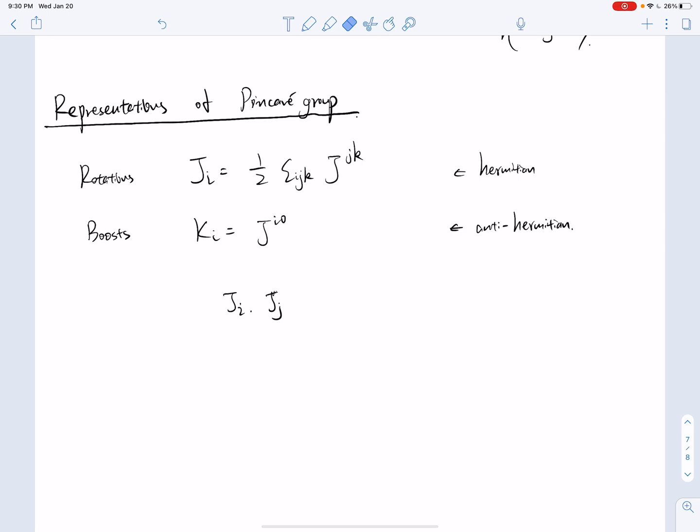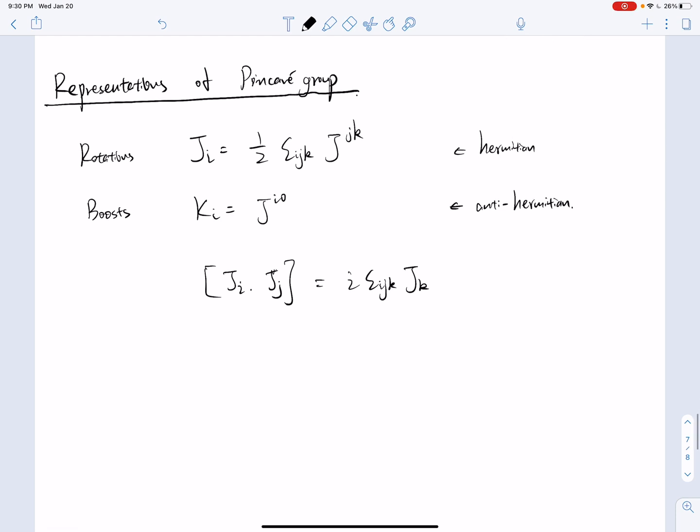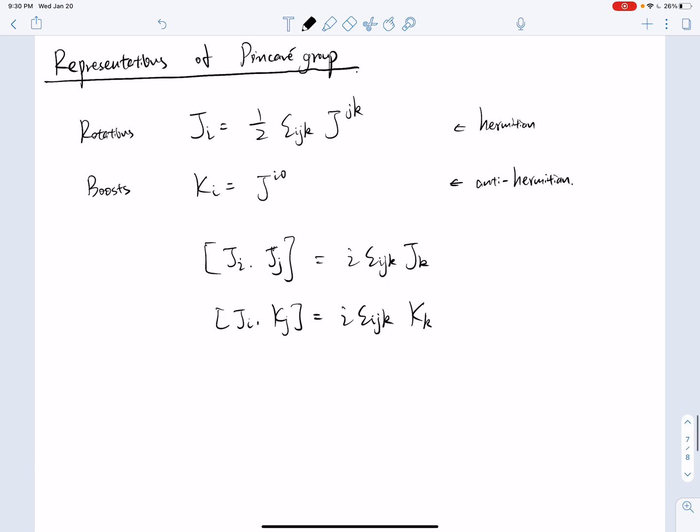It simplifies into, the J's follow this Lie algebra. The J's and K's follow this, and the K's have a minus. Let me just write it in a prettier way.